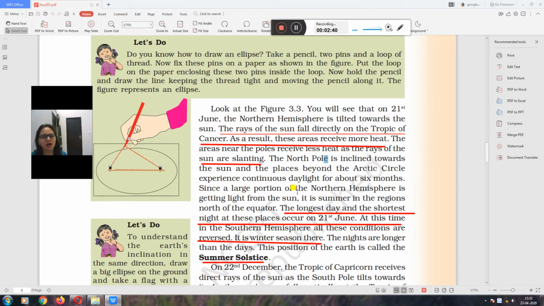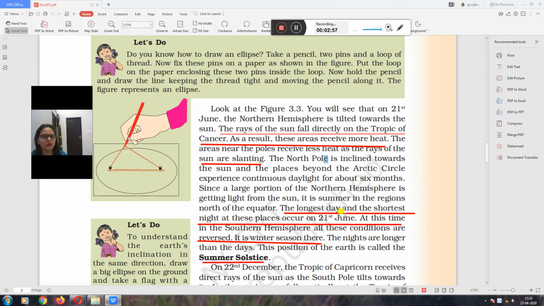Since a large portion of the northern hemisphere is getting light from the sun, it is summer in the regions north of the equator. The longest day and the shortest night at these places occur on 21st June.